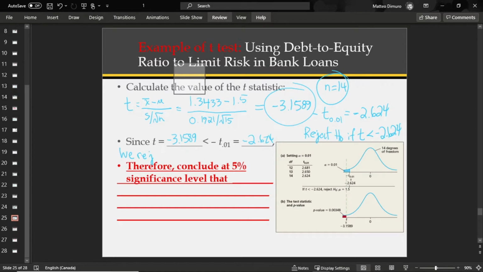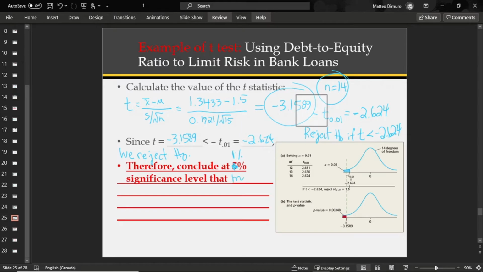We reject H0. Okay, so now this is actually a typo here. This should say 1%, so my mistake. So at the 1% significance level, what does it mean for us?